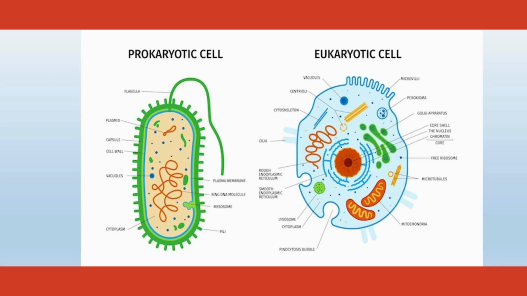Everything else will not be present. So those are the basic differences between a prokaryotic cell and a eukaryotic cell. Now, where do you find a prokaryotic cell? Prokaryotic cell is nothing but bacteria. And eukaryotic cells are all plant cells and all animal cells.